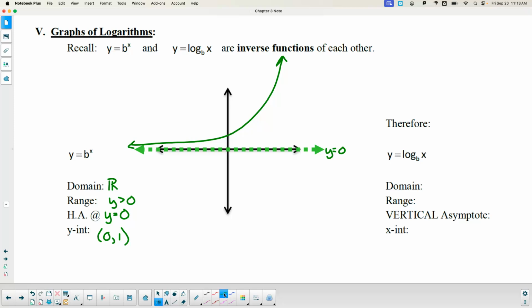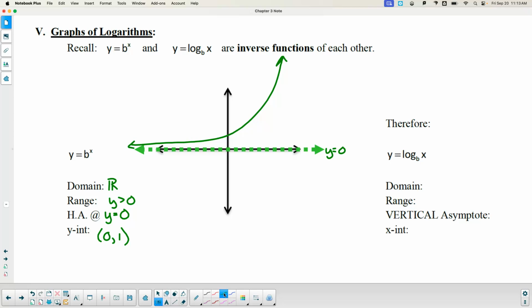Let me refresh my question. What do we do in a true inverse function? What changes?